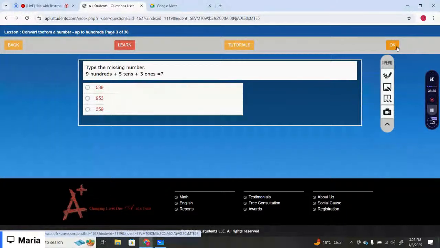Type the missing number 900s plus 5 tens plus 3 ones. So which is the correct option?